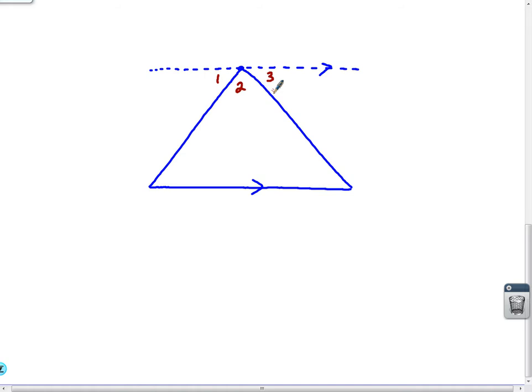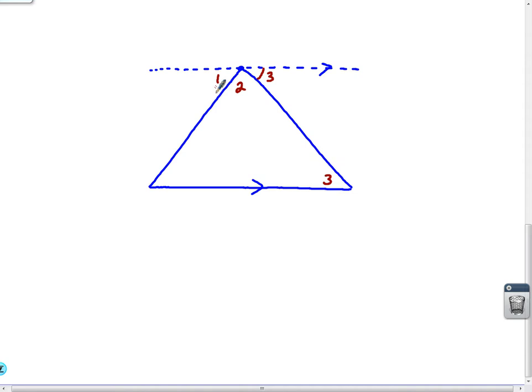Now, question, though. I just drew this line that's parallel to this. What's true about this angle and this angle? Did I see the Z? They're the same. Those are alternate interior angles. So instead of putting a question mark, I'm going to put a 3 there too, because I know those two angles are the same.